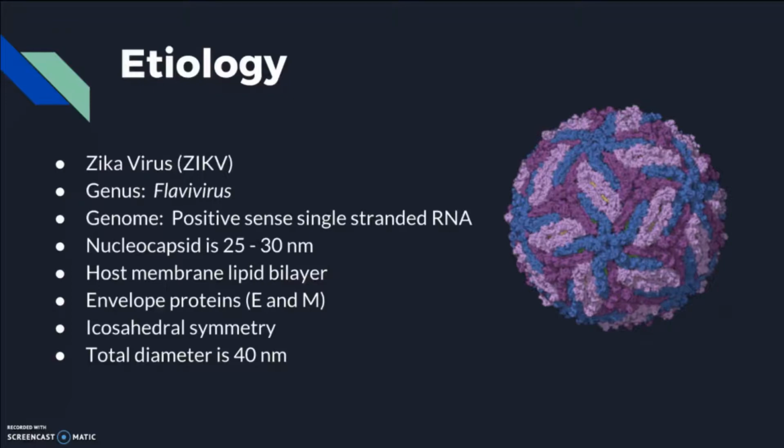Surrounding the nucleocapsid is a host membrane lipid bilayer that is covered with two different envelope proteins. The envelope proteins are called E proteins, E for envelope, and M proteins, M for membrane. These envelope proteins give the Zika virus an icosahedral symmetry. The total diameter of the Zika virus is 40 nanometers.